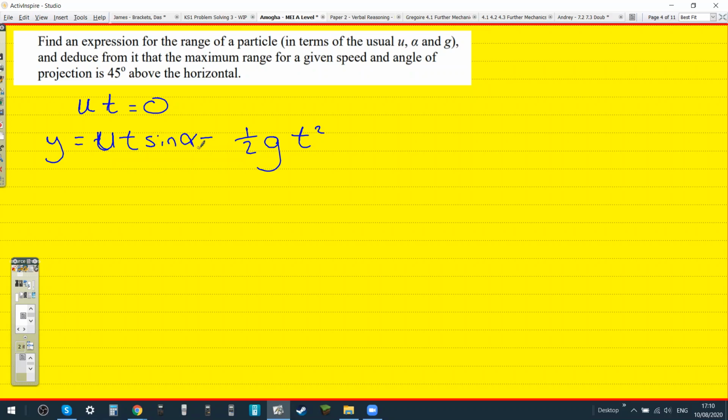Oh yeah, and then for x it would be cos alpha. So what would it be for x? U cos alpha t. I'll just write it as ut cos alpha.